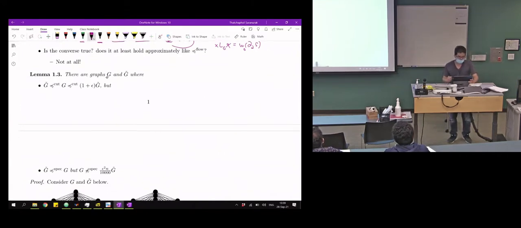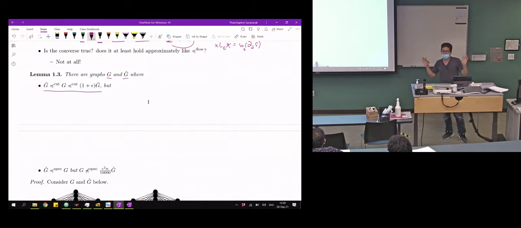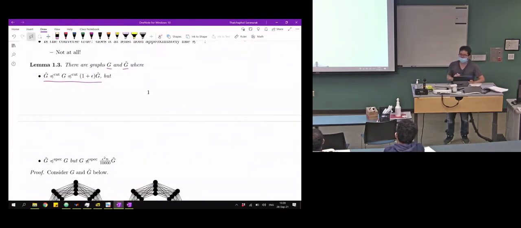Here it turns out that there are two graphs, G and G tilde, where these two graphs are basically the same in cut sense, but they are completely different in spectral sense.